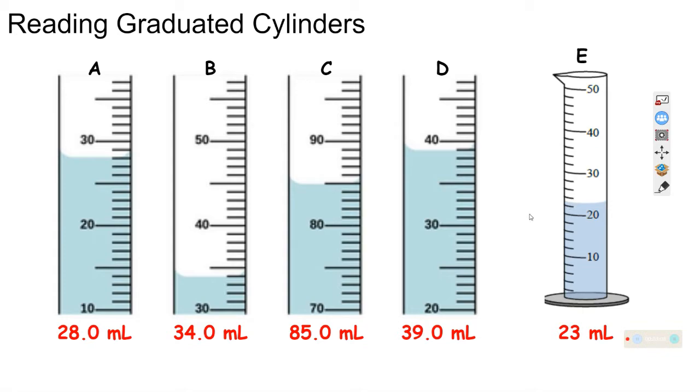Well, ask yourself, what's between 22 and 24? 23. And because there's no marking in between, you don't know exactly where 23 is. So anywhere in between would be 23 because we don't know exactly where it's at. So when a graduated cylinder goes up by 2s, there can be no decimal places. It's just a whole number. Hopefully this helps you with reading the graduated cylinders a little bit.